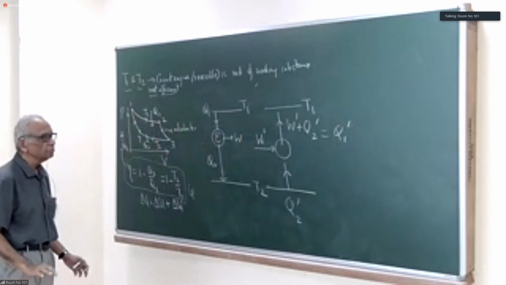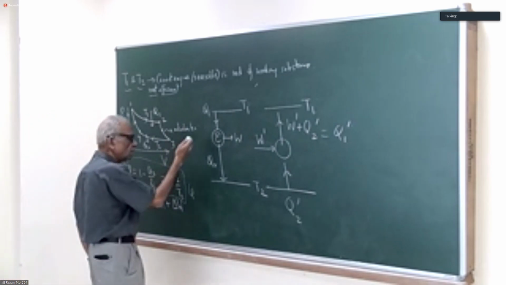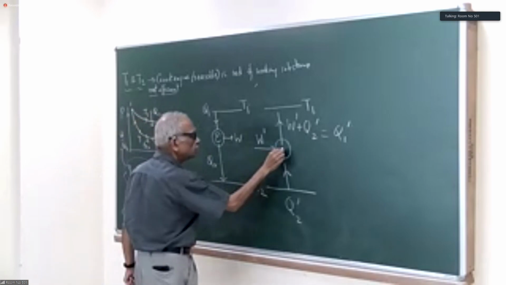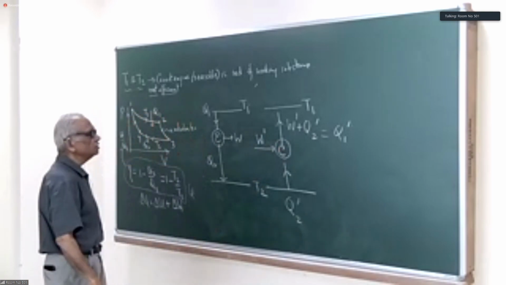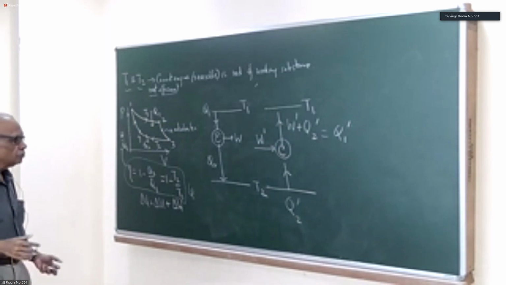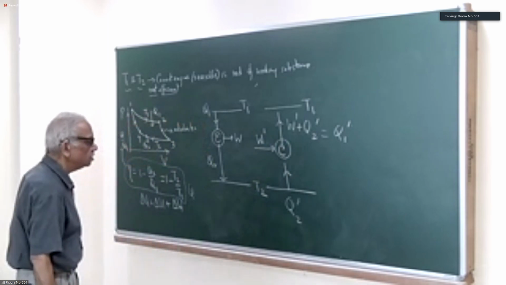So between T1 and T2, we are considering a process where it is a forward cycle for the engine and a reverse cycle for the Carnot engine. So there is the Carnot and the normal. All right, so now what? Now the argument says that I have to show that the Carnot engine's efficiency is greater.